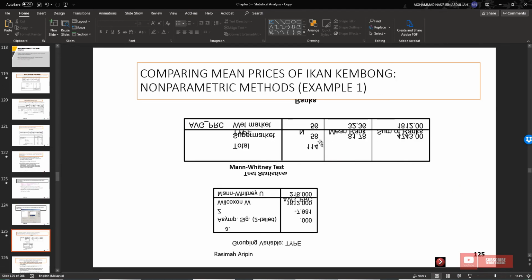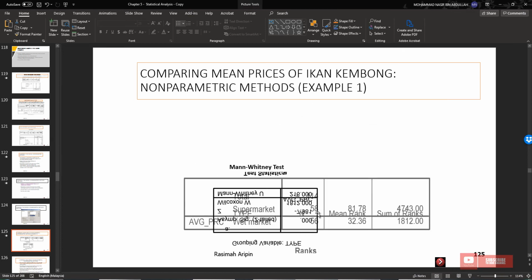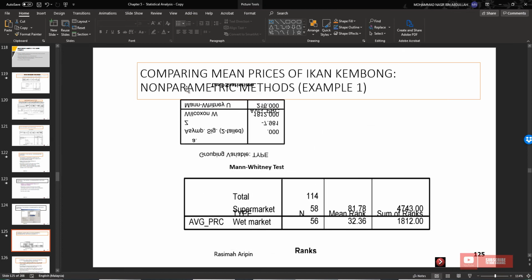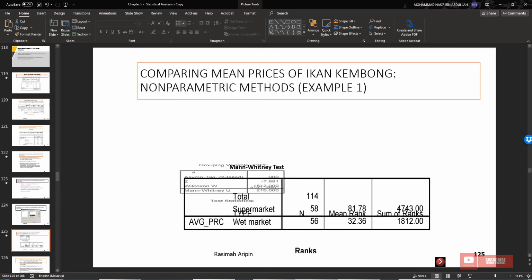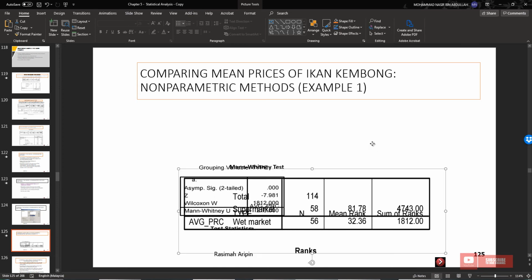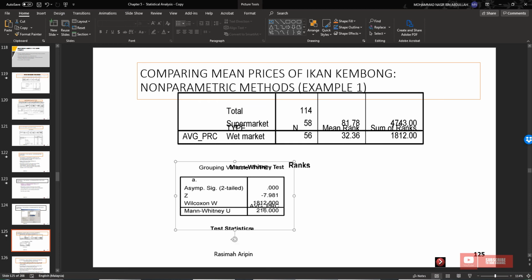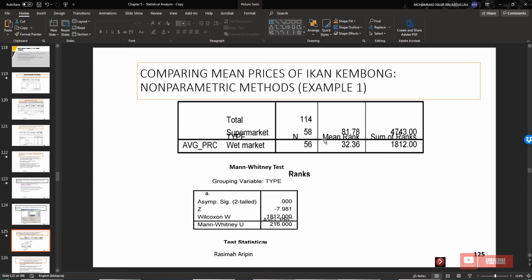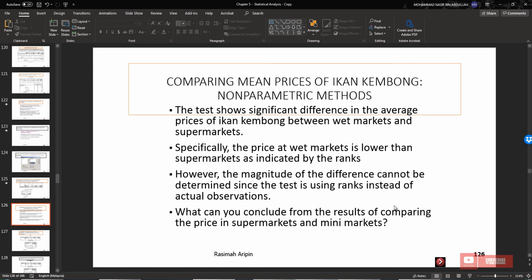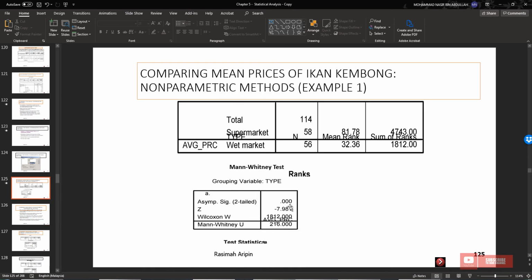The result also gives the same thing. If we look here, the p-value is 0.0, less than 0.05. It means there is a significant difference.